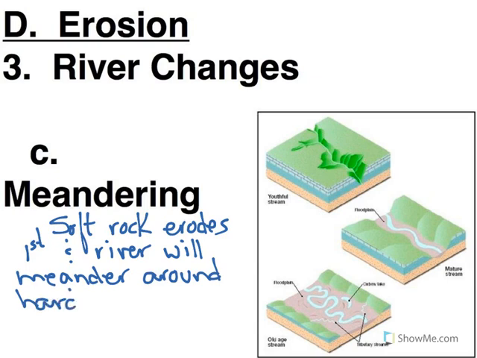So this creates twists and turns within the river. So here we see starting to meander as it goes around, and here we've got lots of meandering as it moves around the harder rocks, takes the path of least resistance.